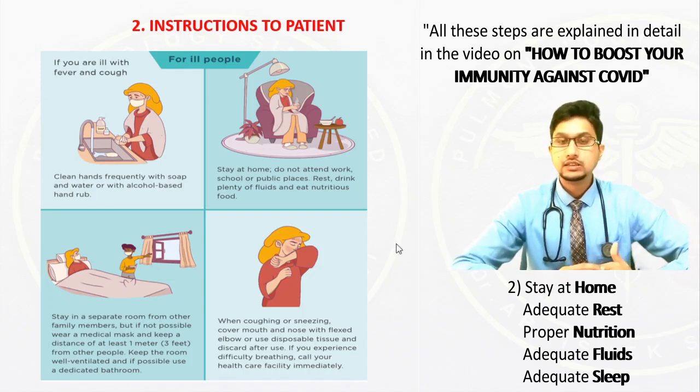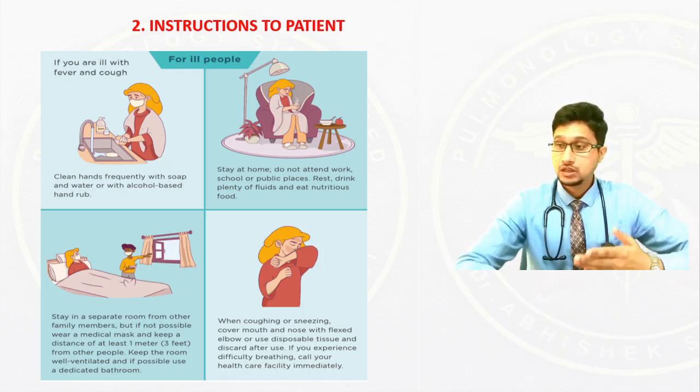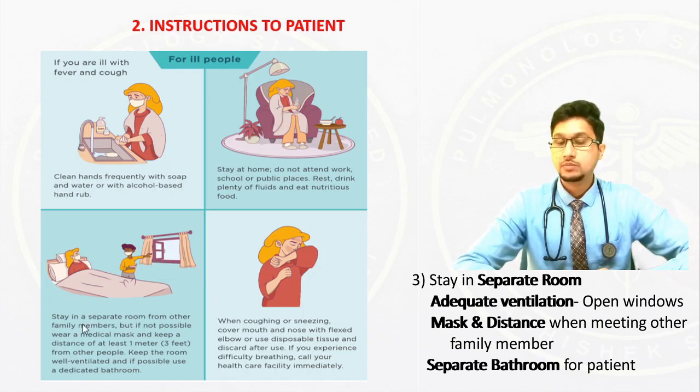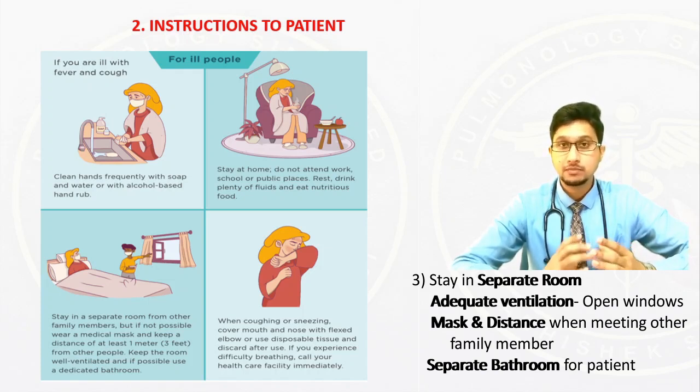The other thing the patient has to do is to stay in a separate room from other family members, and also ensure that there is adequate ventilation to the room, and also whenever the patient is interacting with the family members, the patient and the family caregivers or the family members should be wearing a mask, and a distance of minimum 1 meter has to be maintained.